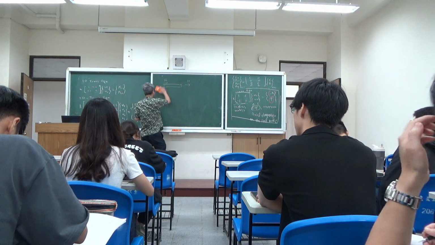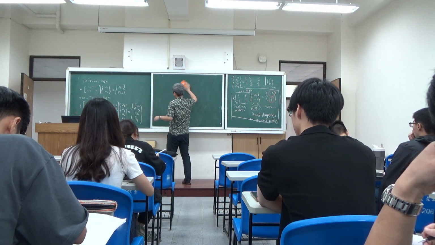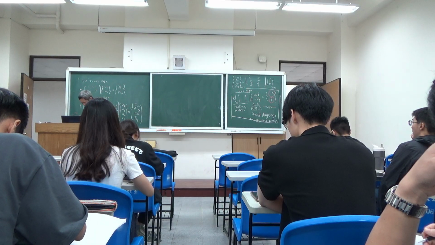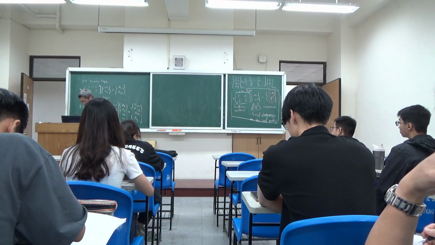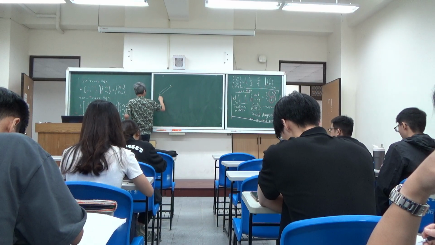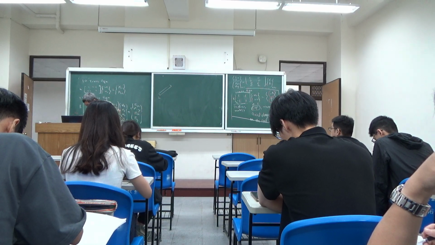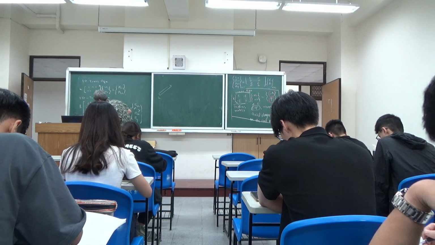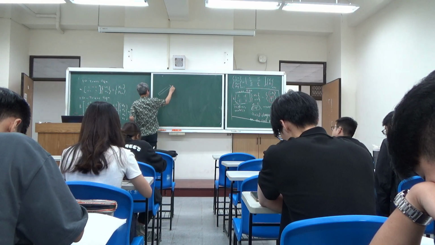Okay, and then next, how do we analyze the bracket? Let's describe the bracket first. In this case, your bracket has, not two, no, this is not one, 1, 2.